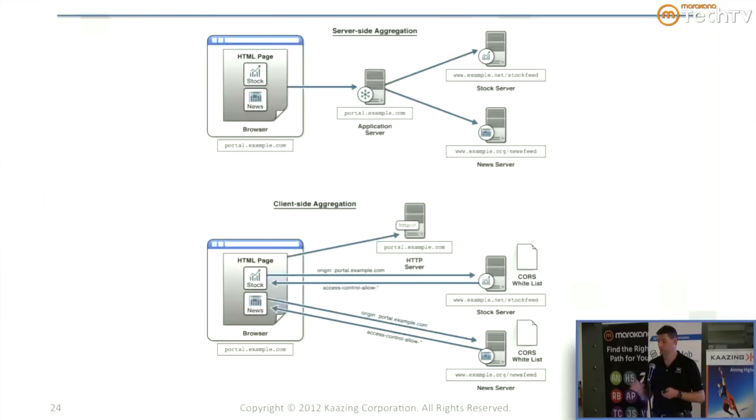For example, you have a page that has a stock portlet and a news portlet. Well, if they come from different origins, the browser would first need to talk to some sort of application server which aggregates everything and then serves it up from a single origin. Now the browser can go to a page, make cross-domain connections, send cross-domain, let's say XML/HTTP requests.